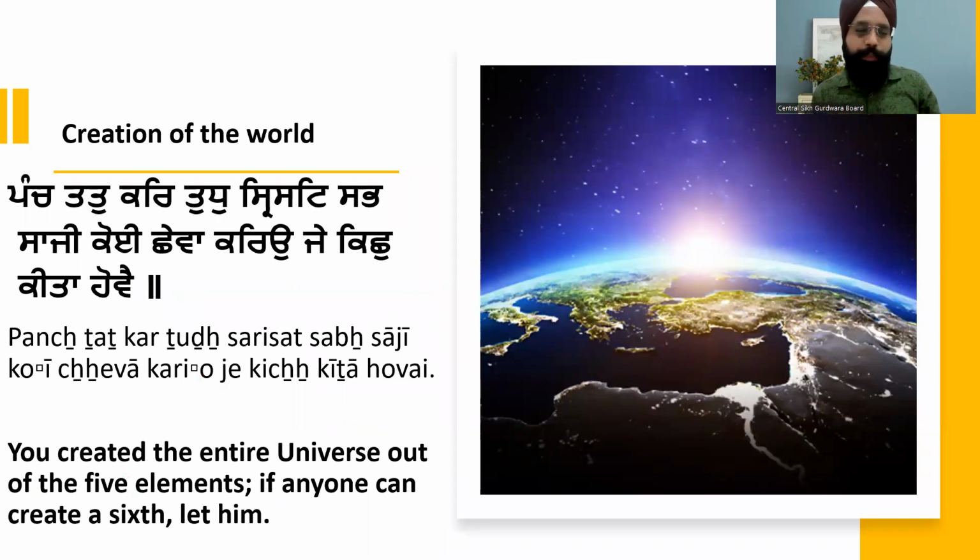So when God created this world, Guru Ram Das Ji, the fourth Guru, talked about it. Panch tat kar tudh shrestha sab sachi. Sab means entire, everything. With the Panch tat, with the five elements, God has created the entire universe, this earth.